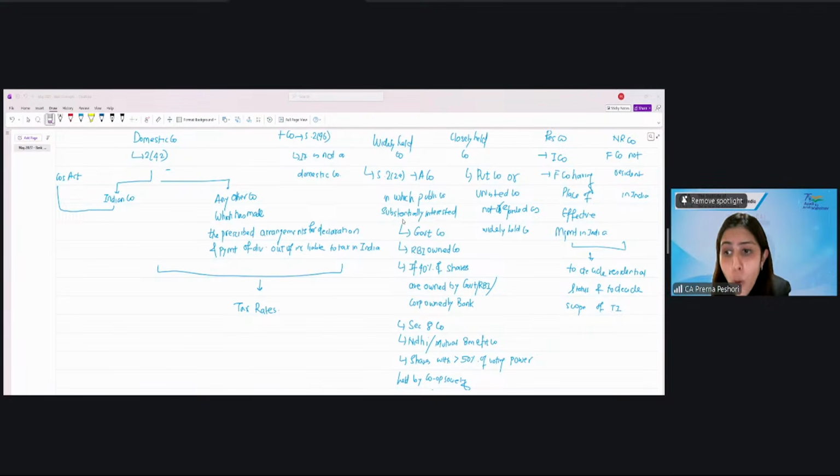Whereas in case of diversion of income by overriding title, it means that I was supposed to receive my salary, but what I have done, I have asked my employer to divert this income even before it reaches me to my spouse, so that I can avoid the tax liability.